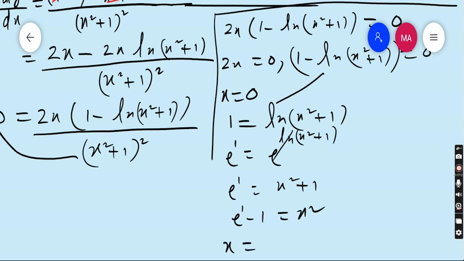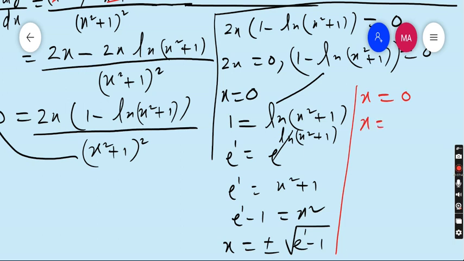Taking square root on both sides, it should be plus minus square root of (e minus 1). So we have three values of x. x is equal to 0, x is equal to minus root of (e minus 1), no need to write e power 1 because it is obvious, and x is equal to plus root of (e minus 1).